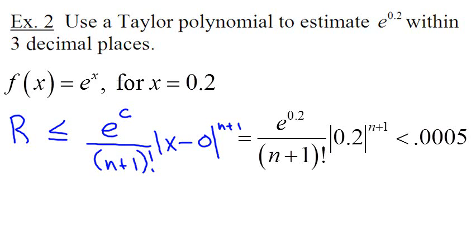Choosing 0.2 for both x and c here, in order to keep the answer within 3 decimal places of the actual value, I need the error to be less than 0.0005. For example, 0.001 and 0.00149 would still round to the same number if we keep 3 decimal places.